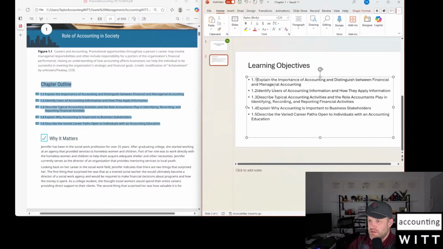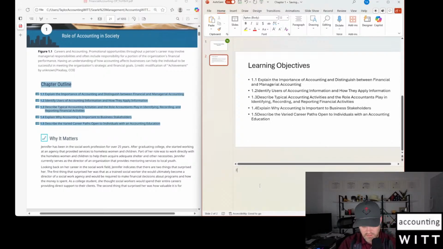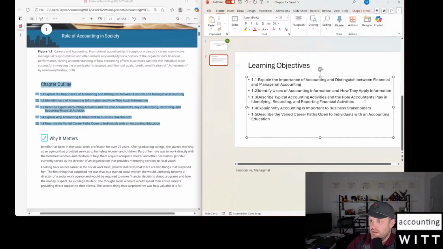Explain the importance of accounting and distinguish between financial and managerial accounting. So financial versus managerial. Identify the uses of accounting information, how users apply information.